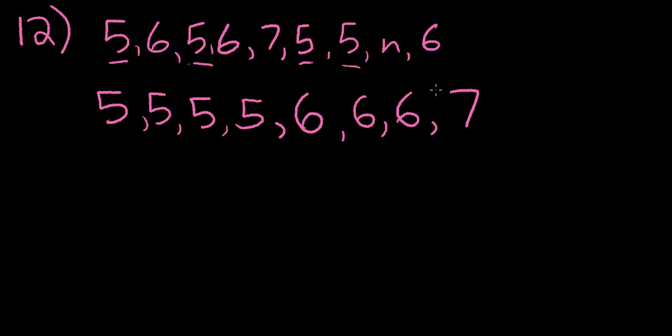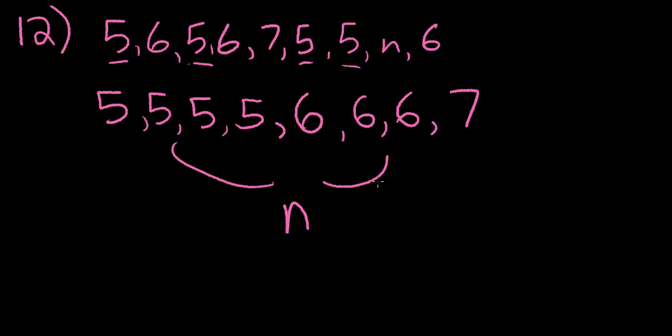Okay, so which of the following cannot be the value of n? So the median has to be 6. Oh, and there's another n, which is going to go somewhere around here. Okay, so the only mode can be 5, and the median has to be 6.